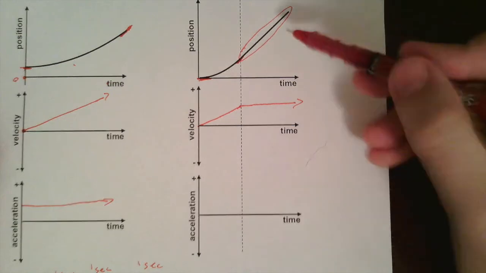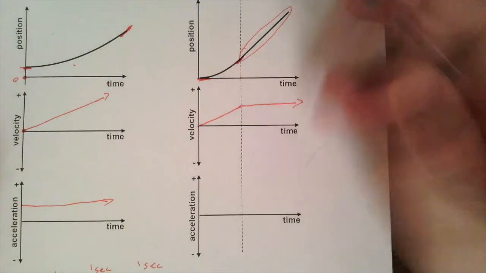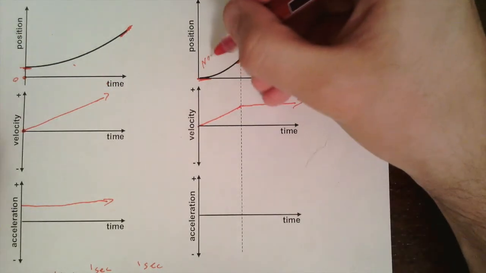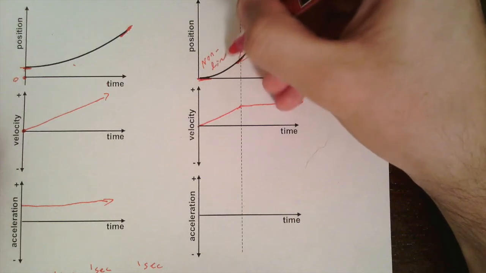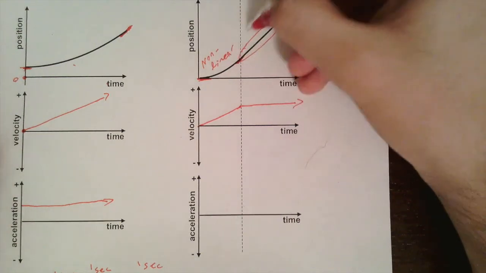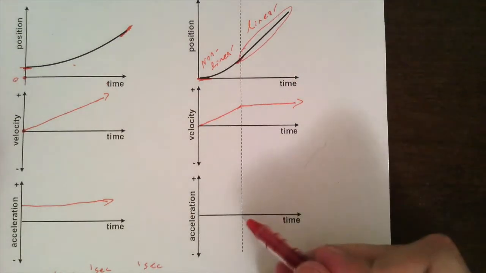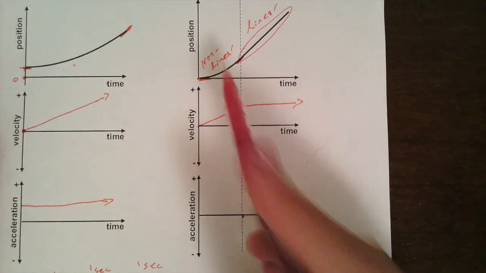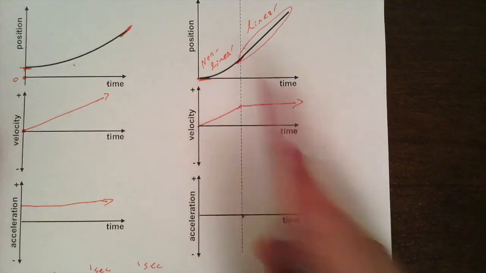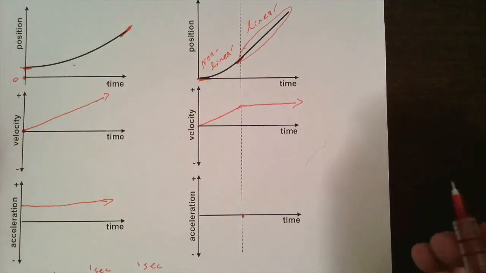My position versus time graph is non-linear here, and it's linear here. So when I look at my acceleration, I should already expect that in my non-linear portion, I'm going to have a non-zero acceleration versus time.